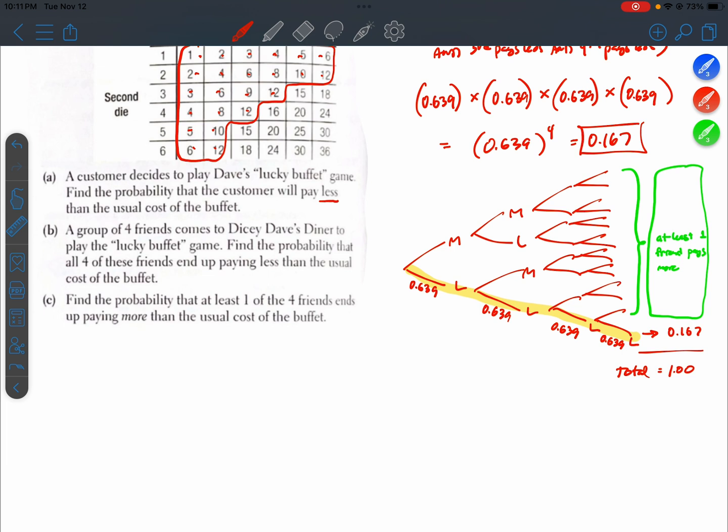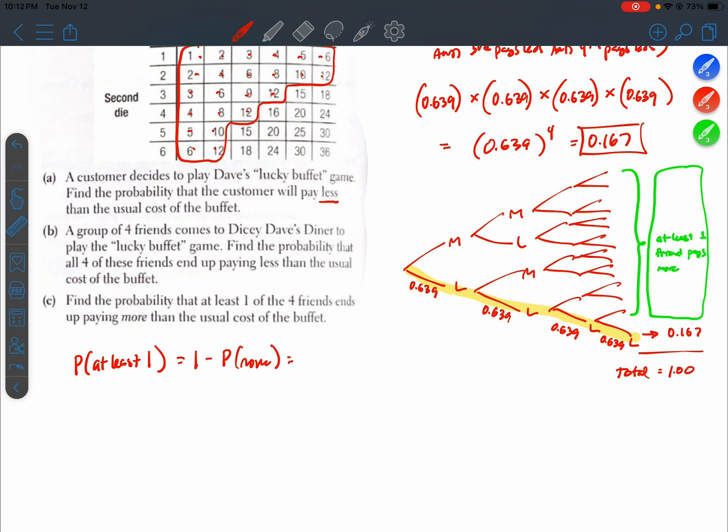We're really using the complement rule here, right? The probability of at least one friend paying more is equal to 1 minus the probability that none of the friends end up paying more. So that's just 1 minus 0.167, which is 0.833.